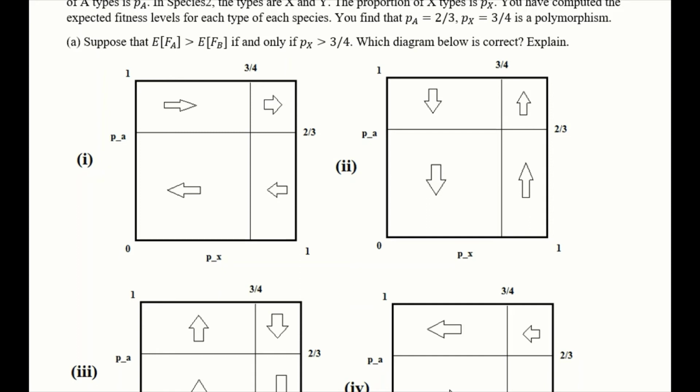Okay, so let's say that the A types are fitter if and only if PX is above 3/4. Which diagram is consistent with that? If PX is above 3/4, where is that on our diagrams? I put PX on the x-axis, so being above 3/4 would be in this part over here.